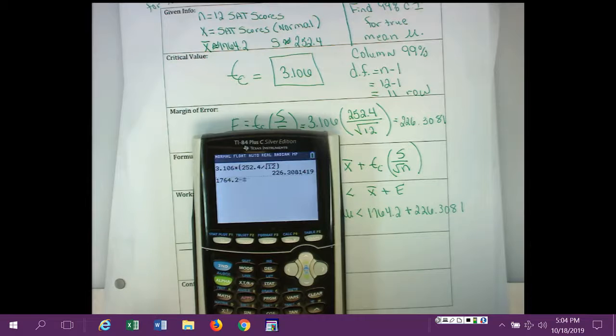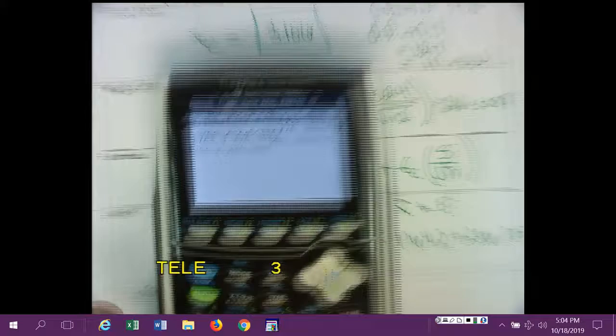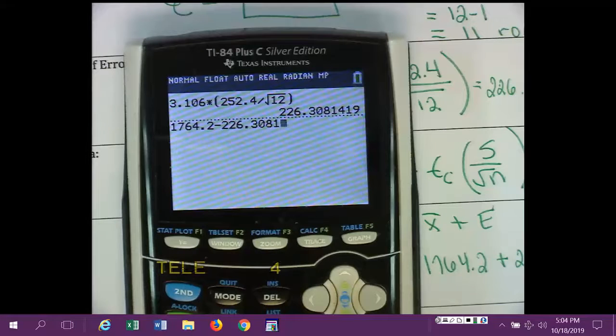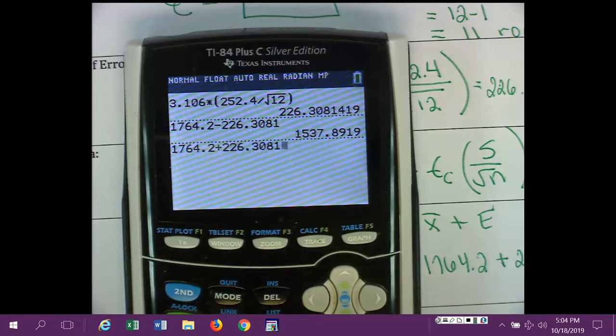1764.2 minus 226.3081. That number is 1537.8919, and while I'm here, 1764.2 plus 226.3081, 1990.5081. And I'm going to write down both of those numbers, lower and upper, and then round.